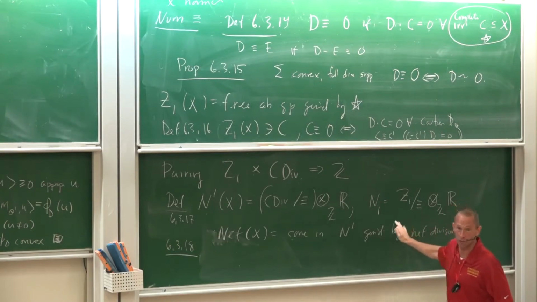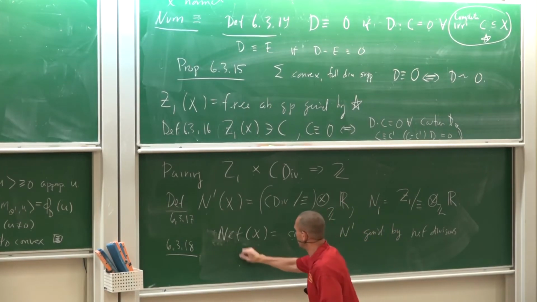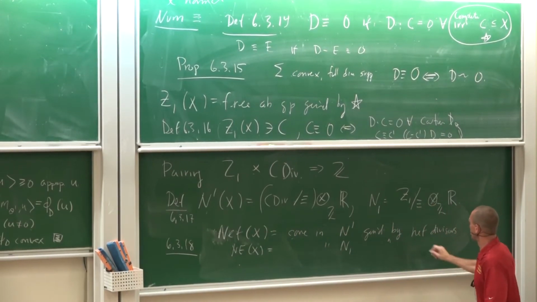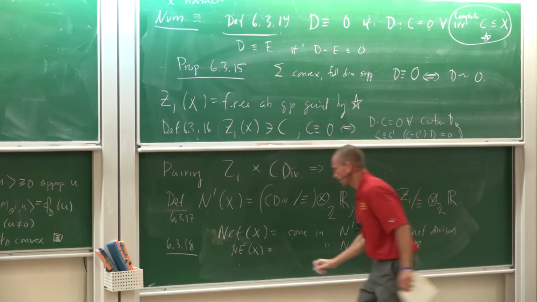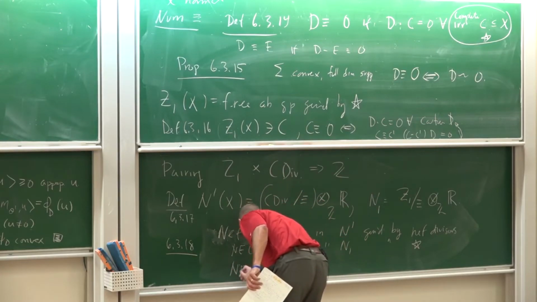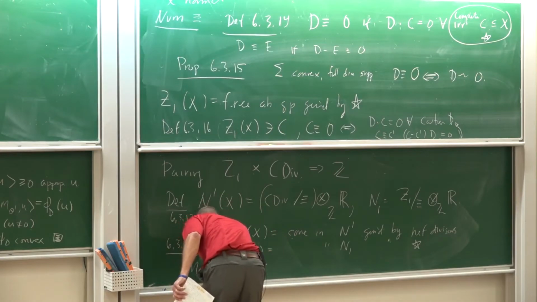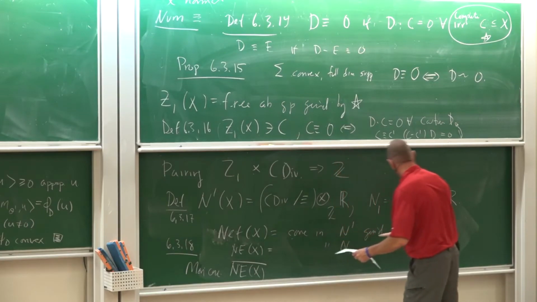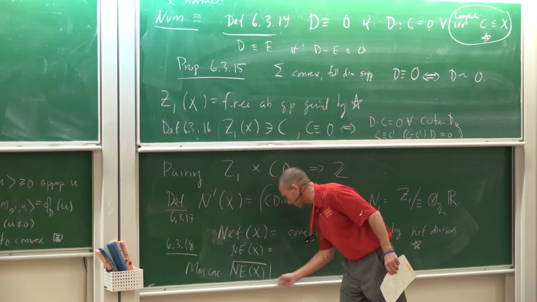It's not at all obvious that it's a cone, but I get Neff divisors sitting in here, and it's going to be a cone. And the cone of curves, NE of X, is generated by the irreducible complete curves. And then the closure of this cone is the Mori cone. So this doesn't have to be a closed cone. The Mori cone is the closure of that thing.